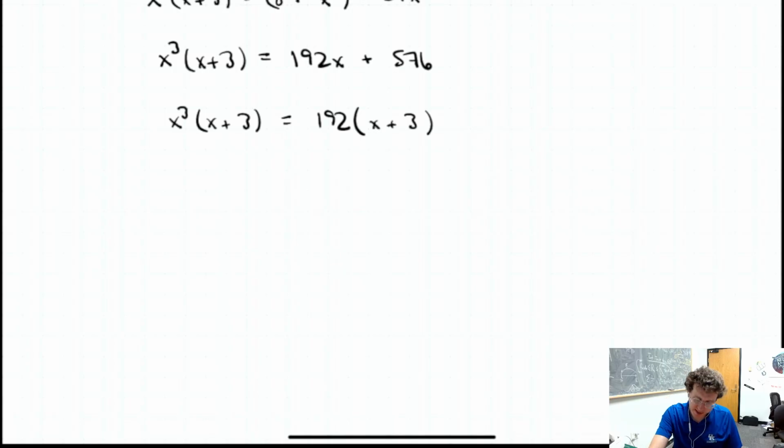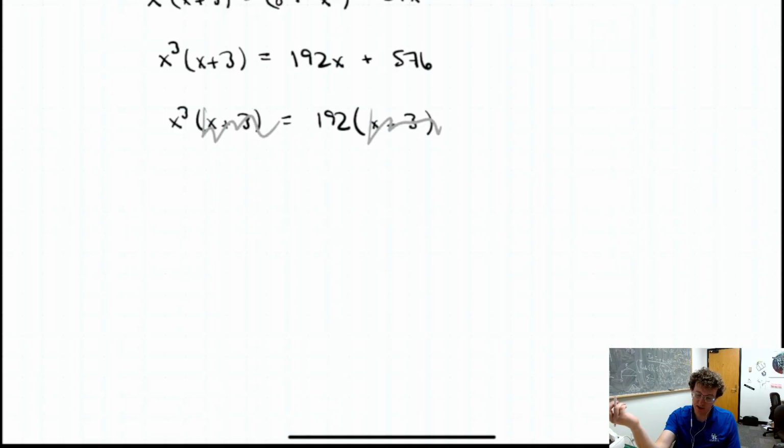Now at this point it's tempting to cancel out the x plus 3's. You really shouldn't cancel things with x's in them like that, because it could destroy a solution. Essentially, -3 is a solution to this equation, but after you cancel the x plus 3's, -3 is no longer a solution.